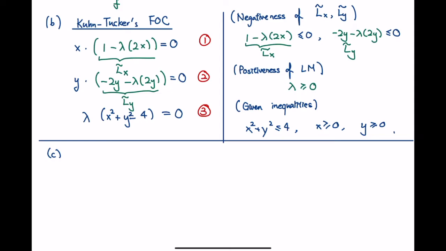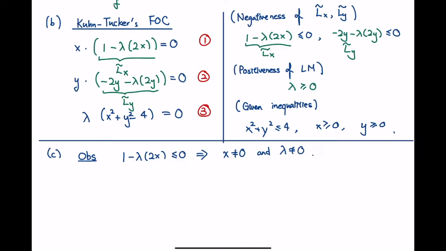Our new friend is non-positiveness of L tilde with respect to the variable. For example, look at this one. Observation: because I know that 1 minus lambda times 2x is less than or equal to 0, therefore, I know that x is not 0, and lambda also is not 0.